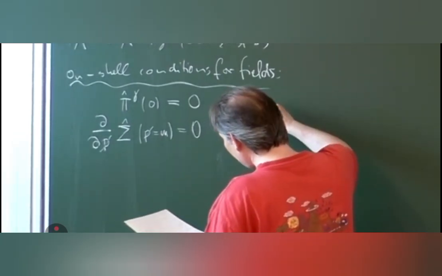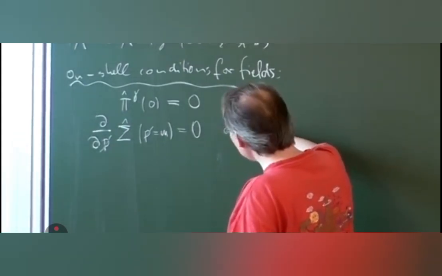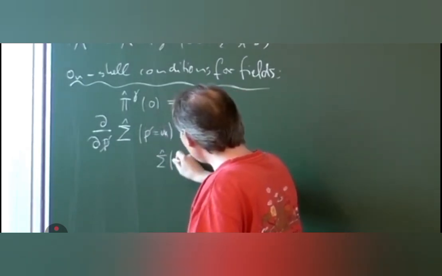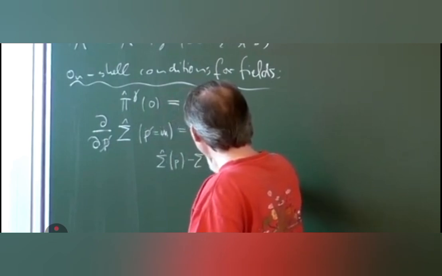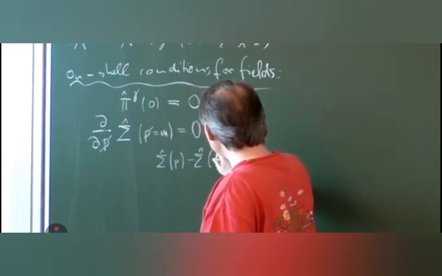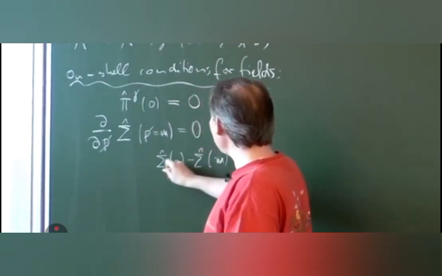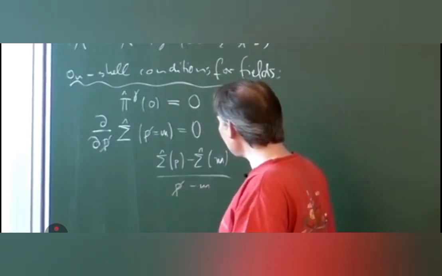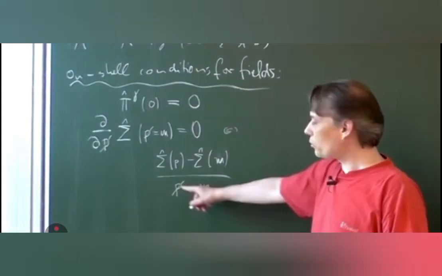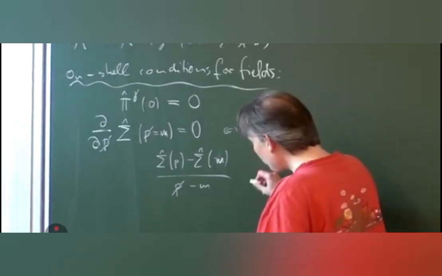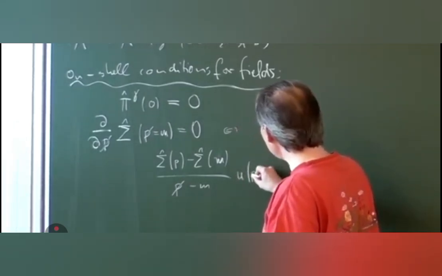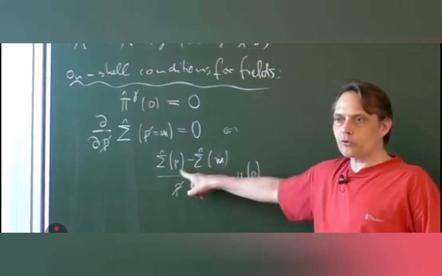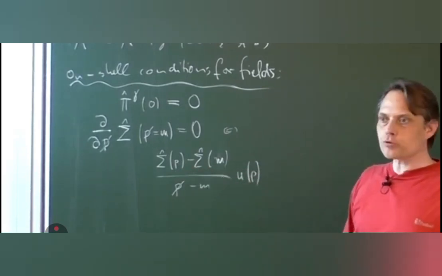But more mathematically speaking, this would correspond to the following. So difference sigma hat of p minus sigma hat, where you set p square equal to m square and have an on-shell momentum, and you divide by p slash minus m in the sense of an inverse matrix. Then you act with this onto a spinor u of p, and then you take the limit where p square goes to m square, so an on-shell limit.